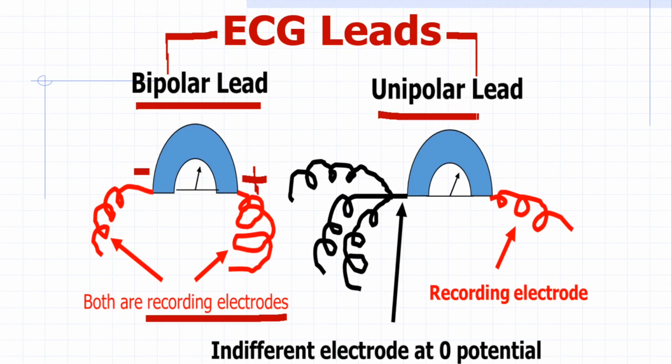In case of unipolar lead, only one active or recording electrode is used, which is connected to the positive terminal of the ECG machine, while the other electrode is called the indifferent electrode, which is connected to the negative terminal of the ECG machine. This indifferent electrode comes from all the other three limbs, and these three electrodes pass through an electrical resistance, then are connected to the negative terminal of the ECG machine.